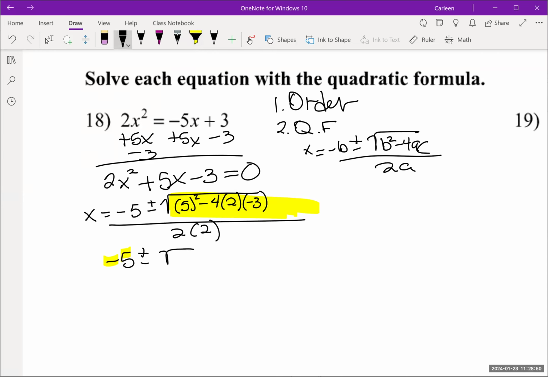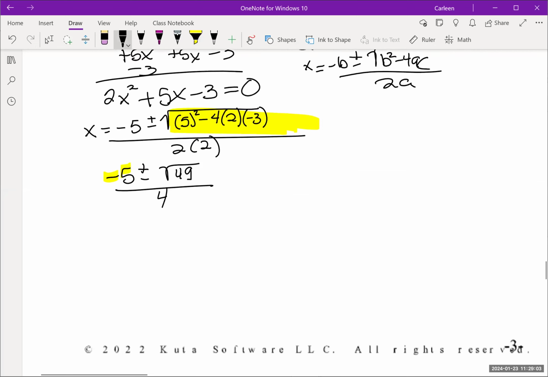-5 plus or minus the square root of 49 over 4. What next? Okay, so square root of 49 is? Okay, -5 plus or minus 7 over 4. Okay, so now we have to split.